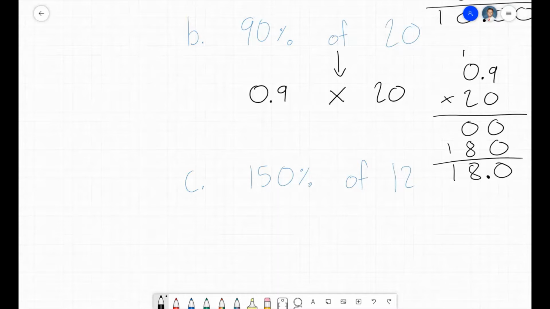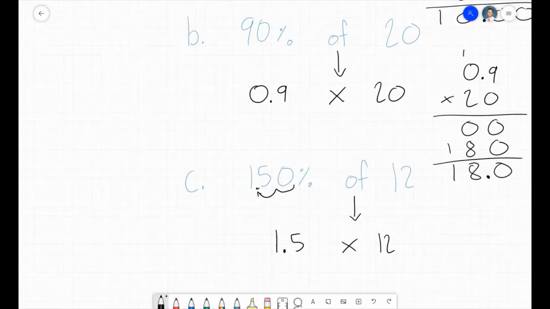100% of 12 equals 12. So we're going to find 150% of 12. So again, we're going to change "of" to multiplication. 150% will become 1.50 or 1.5 because we would move our decimal here.